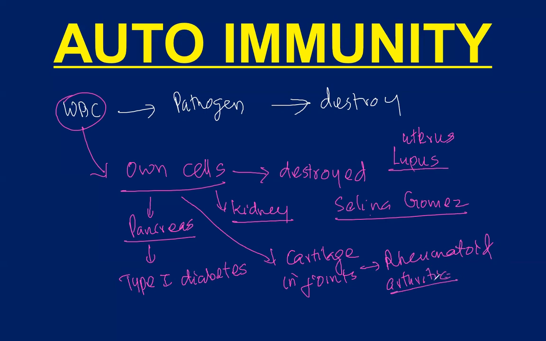Okay. So these are diseases caused by autoimmunity, right? There are many diseases, but we just learned rheumatoid arthritis. What exactly is the disease? The disease is caused by our own white blood cells mistakenly attacking the body cells. They're not supposed to attack.